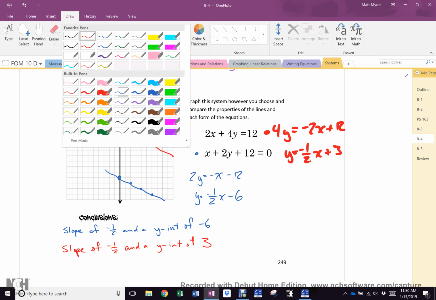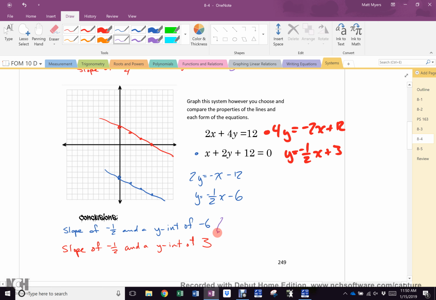And then, what does that tell me about the system? They're parallel. How do you know they're parallel? And if they are parallel, what does that mean? They never intersect.